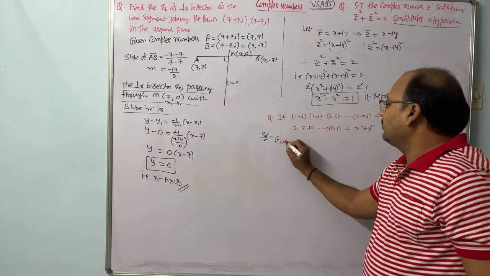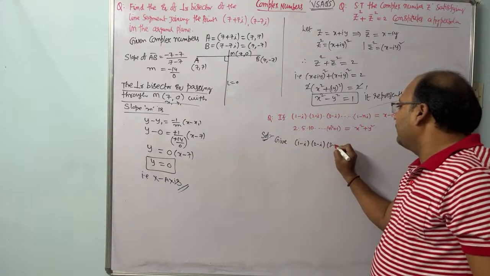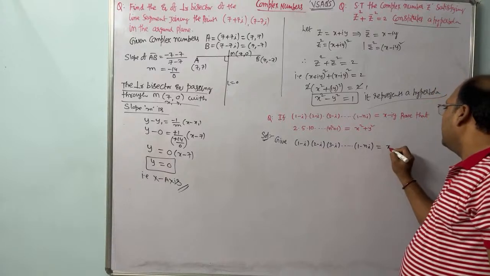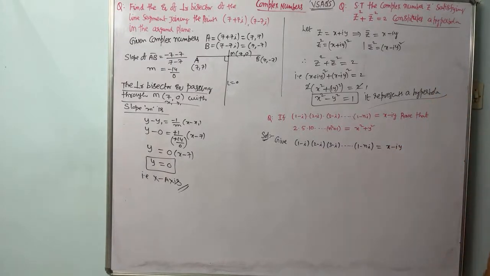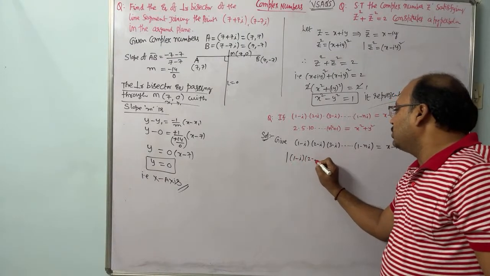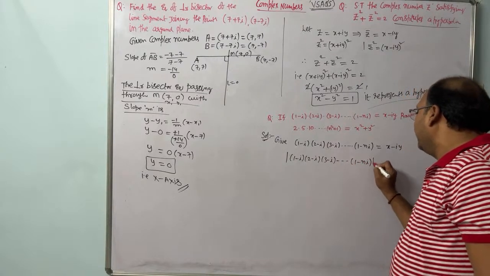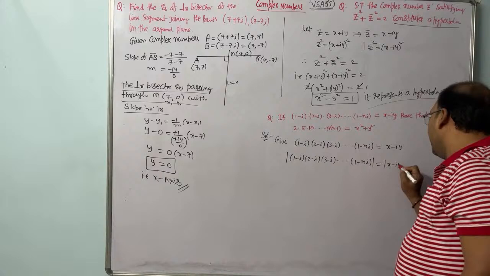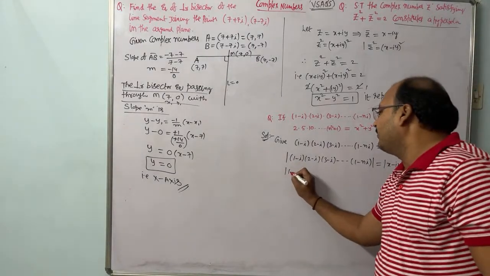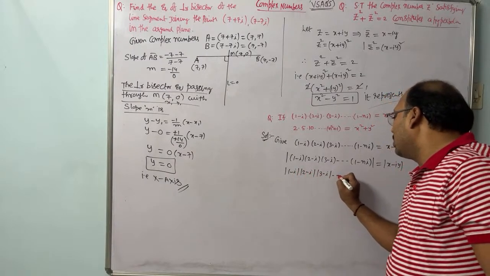Given (1 minus i) into (2 minus i) into (3 minus i) and so on up to (1 minus ni) is equal to x minus iy. Taking modulus on both sides. So modulus of z1 into z2 into z3 means mod z1 into mod z2 into mod z3 and so on.